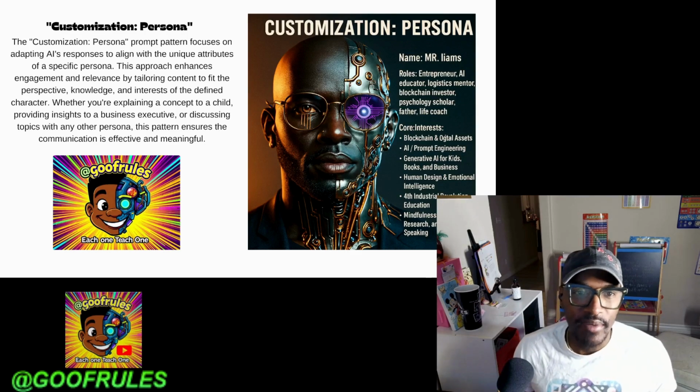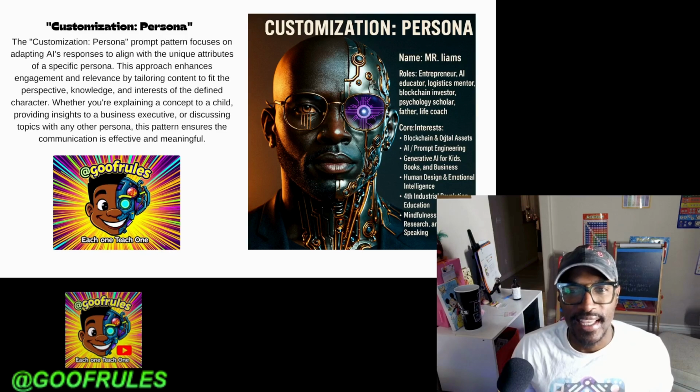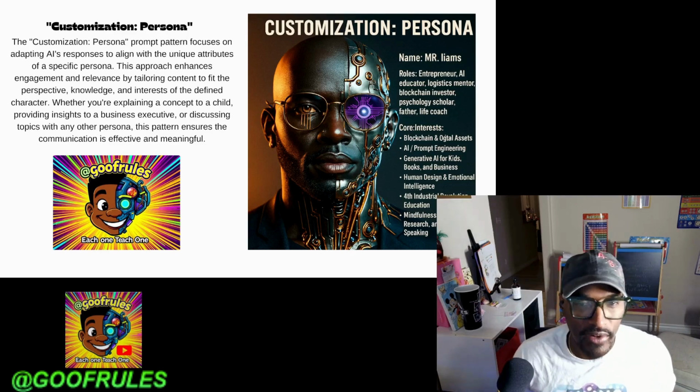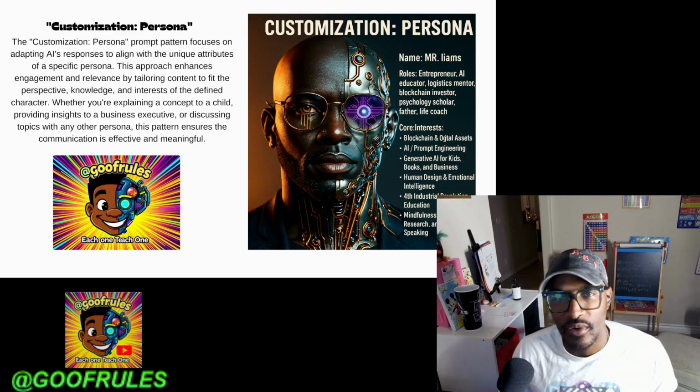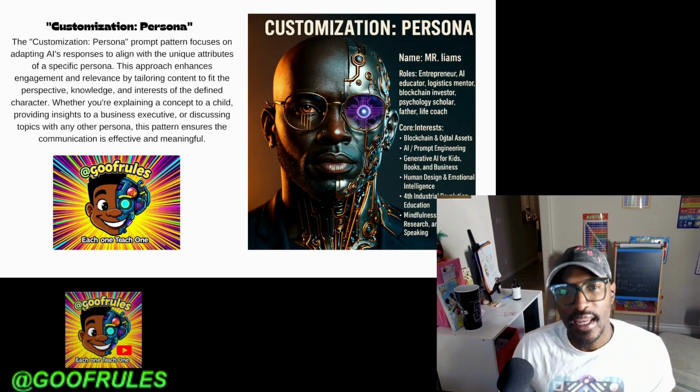The customization persona prompt pattern focuses on adapting AI's responses to align with the unique attributes of a specific persona. This approach enhances engagement and relevance by tailoring content to fit the perspective, knowledge, and interests of the defined character, whether you're explaining a concept to a child, providing insights to a business executive, or discussing topics with any other persona.